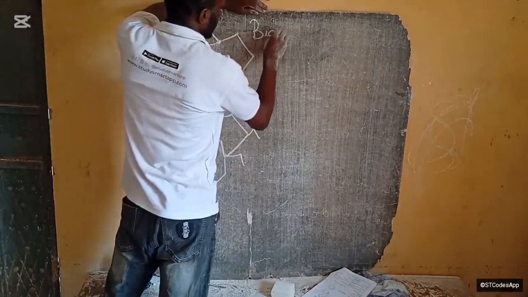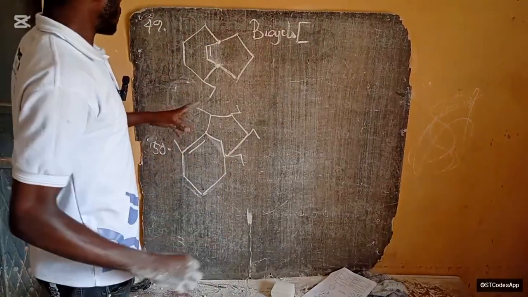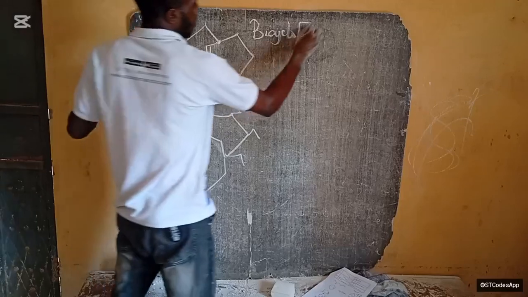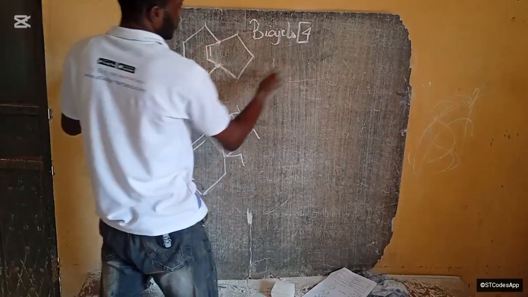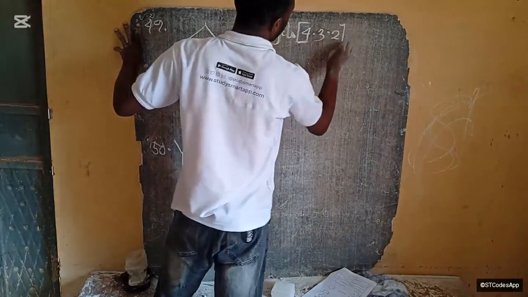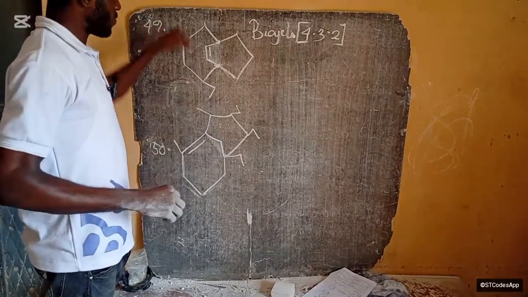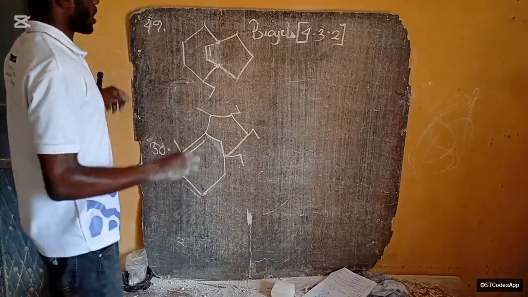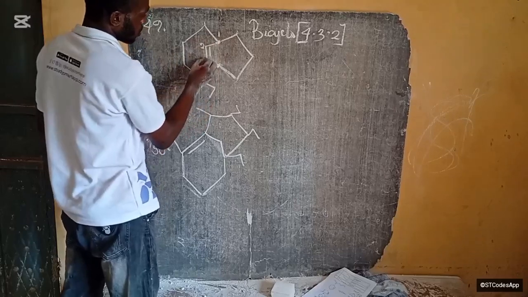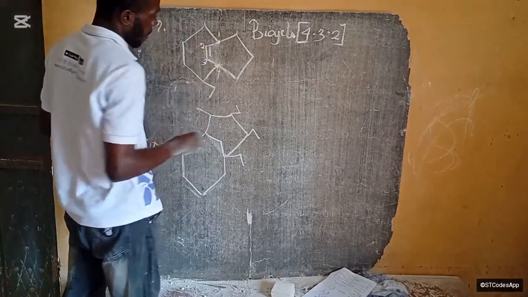Look at bicyclo. Now the highest here is going to be 1, 2, 3, 4. So that will be 4, 1, 2, 3, dot 3, 1, 2, dot 2. Okay? Now there is a double bond here. So because of that, we have to go in this direction first. So it has to be 1, 2, 3, 4.